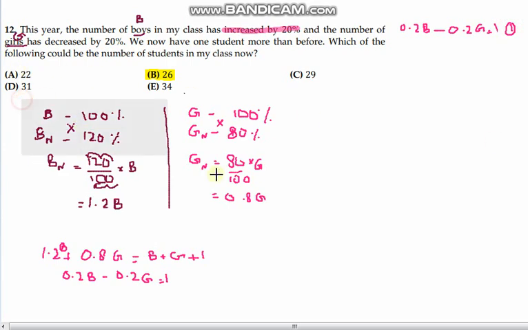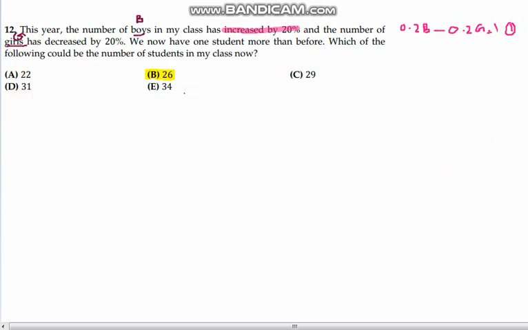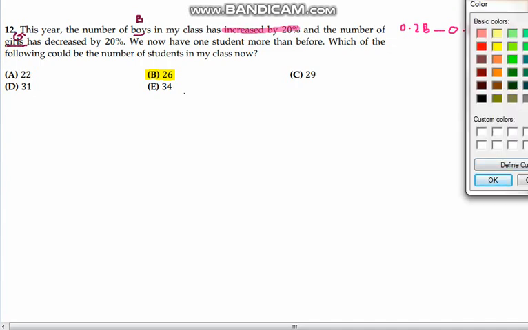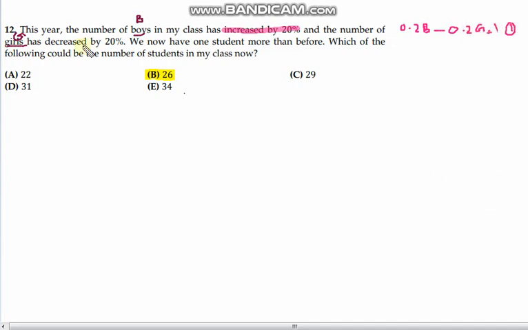Let's move on to finding out a possible equation 2 in order to solve our expressions simultaneously. Okay, so for equation number 2, we're going to use a trial and error method using all of these options that they've given us. These options are for the number of students in the class now. So let's assume that A is our correct answer.